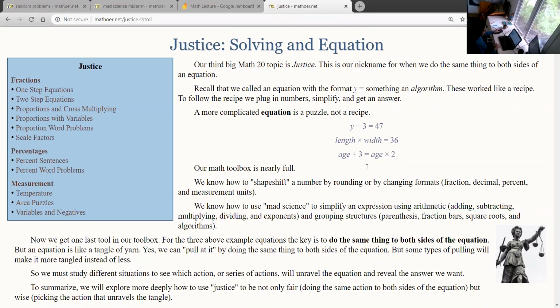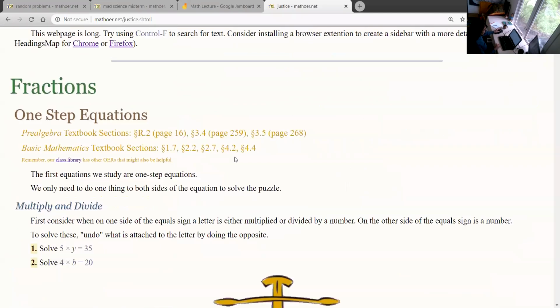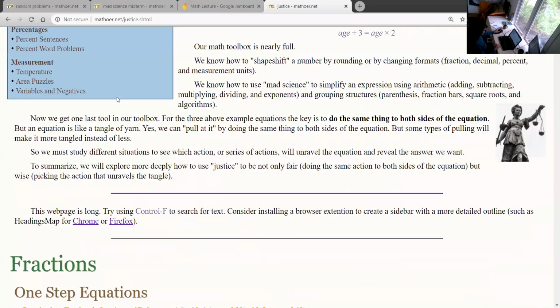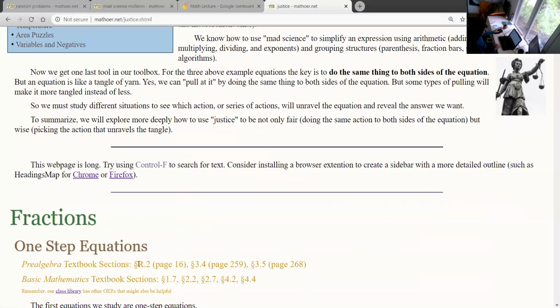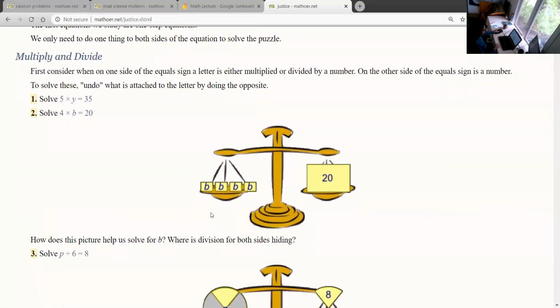So the basic tool is do the same thing to both sides of an equation. You've probably seen that before with problems like y minus 3 is 47. So what will we do? We'll follow the same order. First we'll do fractions, then we'll do percentages, and then we'll do measurement. With fractions, I'm going to start by making the people that love pictures happy and the people that hate pictures angry at me, as always.